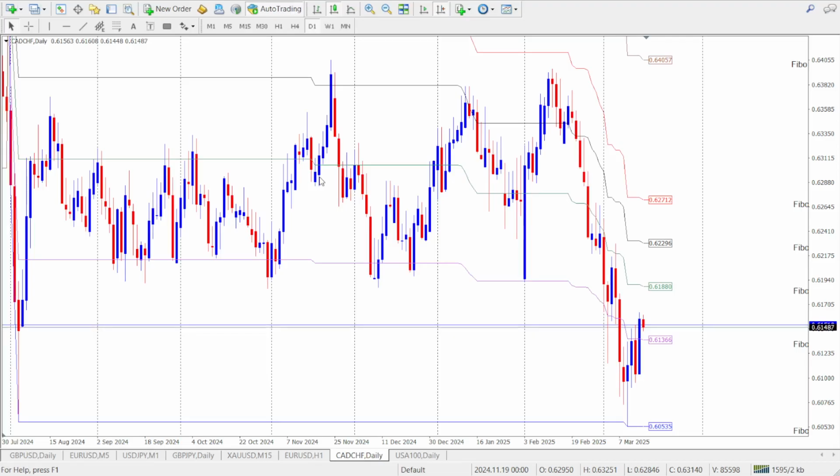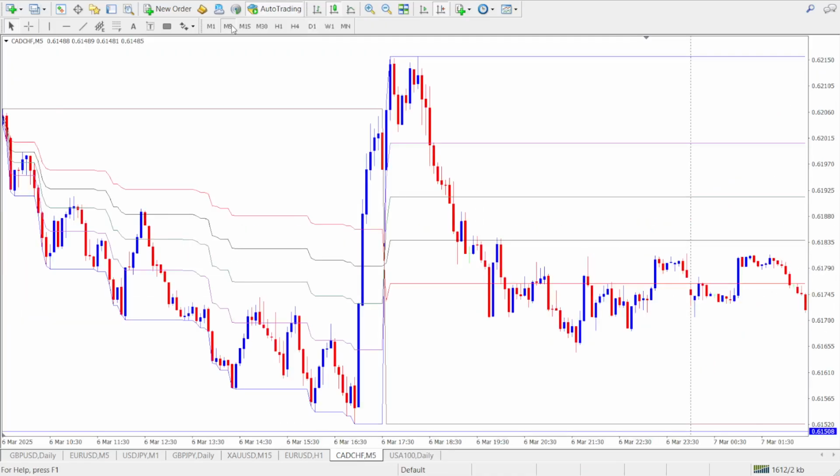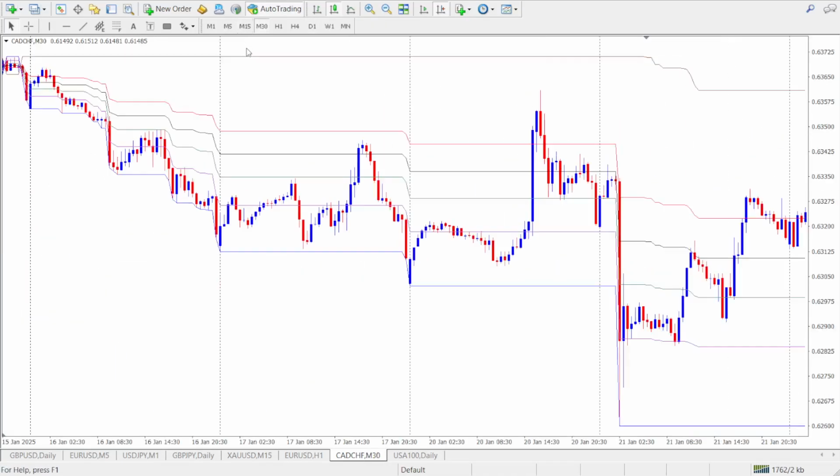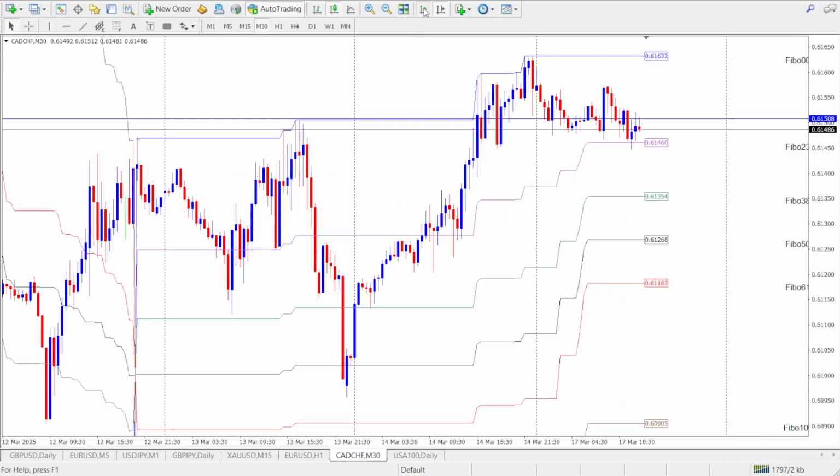On the other hand, lower time frames like the 5 minutes, 15 minutes, 30 minutes, are ideal for scalpers and day traders. They allow traders to buy and sell within support and resistance levels more frequently, because of course you will be expecting more signals on the lower time frames compared to the higher time frames.